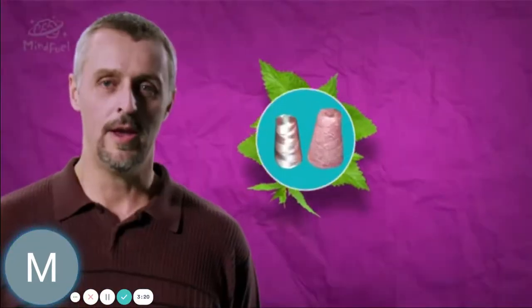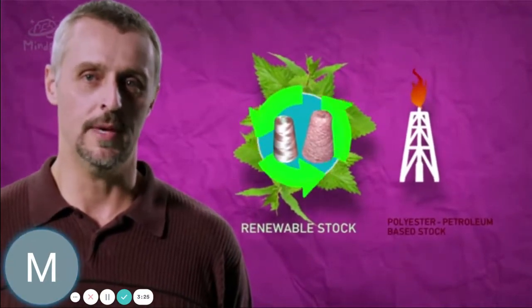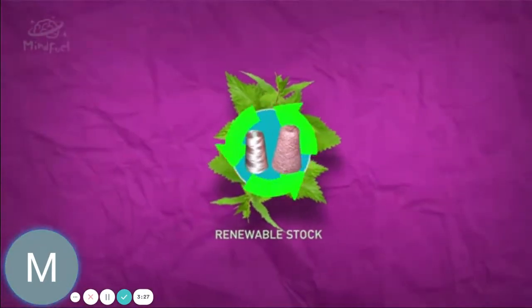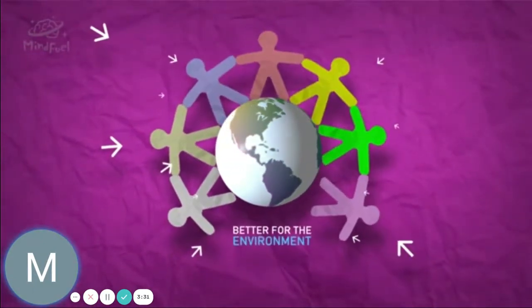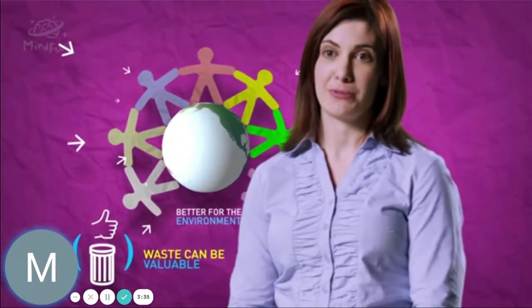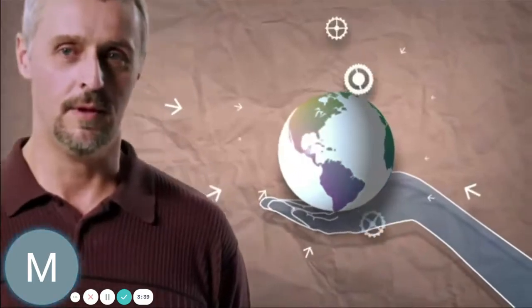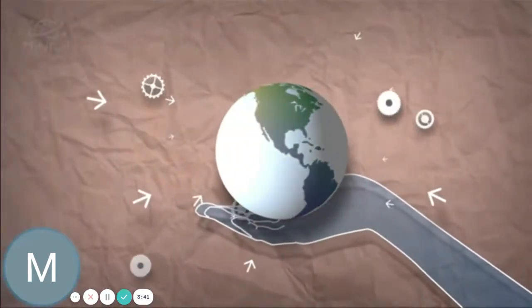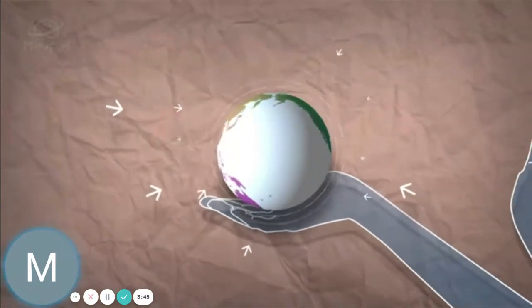The fibers that they're making with stinging nettle now are rayon-like fibers, which come from renewable feedstocks versus polyester, which are petroleum-based. So taking a renewable feedstock and offsetting a petroleum-based feedstock is better for the environment. So waste can actually be valuable instead of being detrimental to the environment. There is no such thing as waste. Whenever you're taking something and you're making something else, you're going to be doing an impact to the environment. You just want to make sure you minimize that wherever possible.